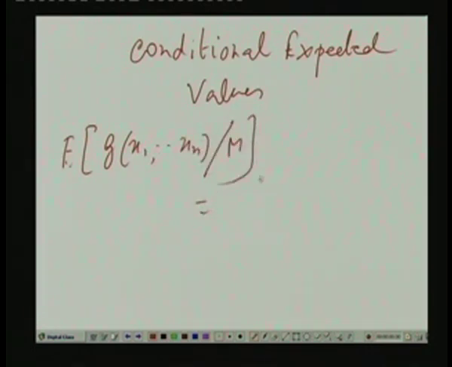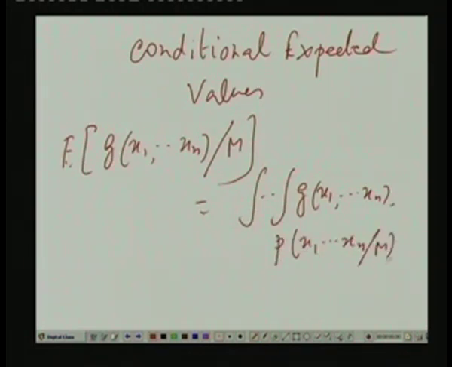Obviously, this is nothing but the integral of this function multiplied by the conditional density of this subject to m. That is pretty obvious. This follows from definition.